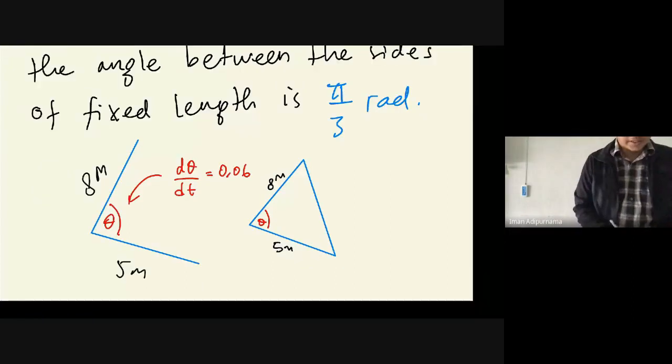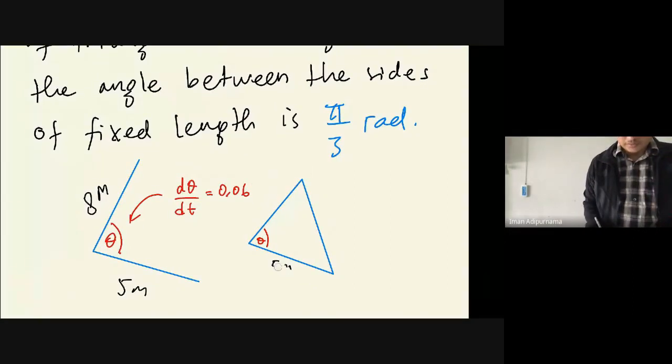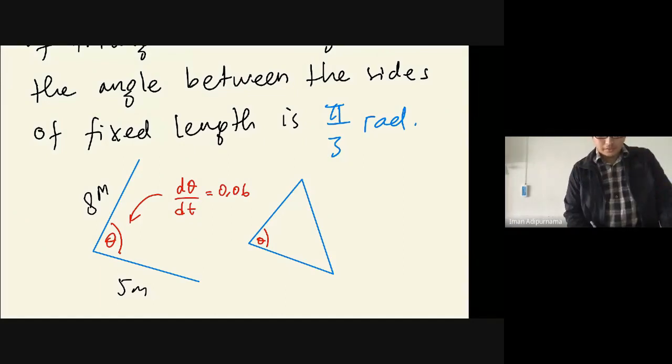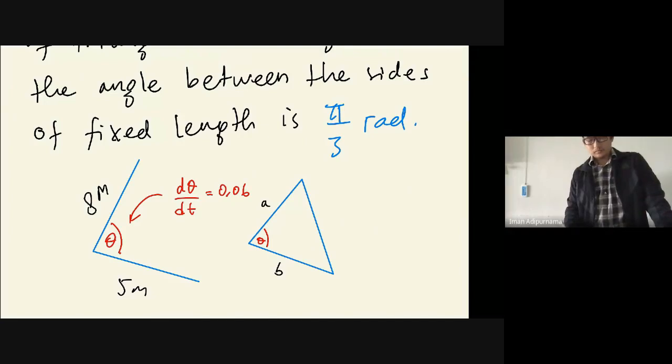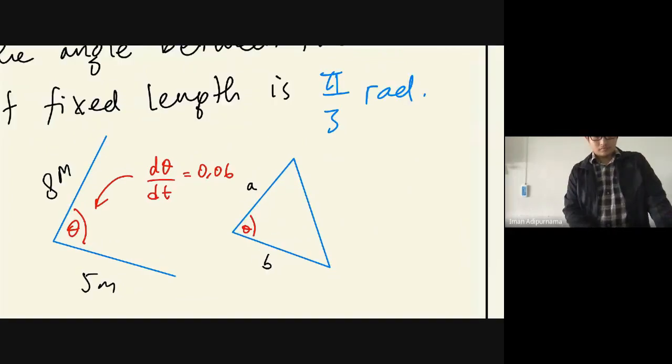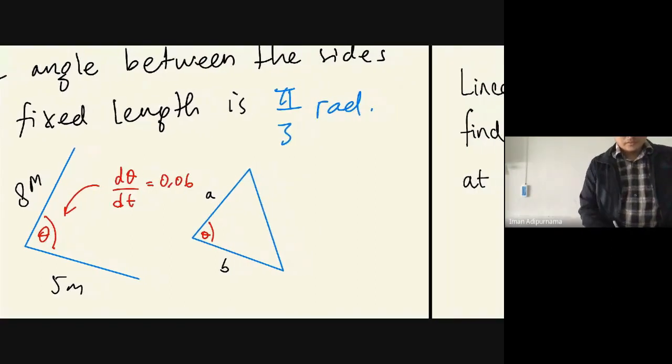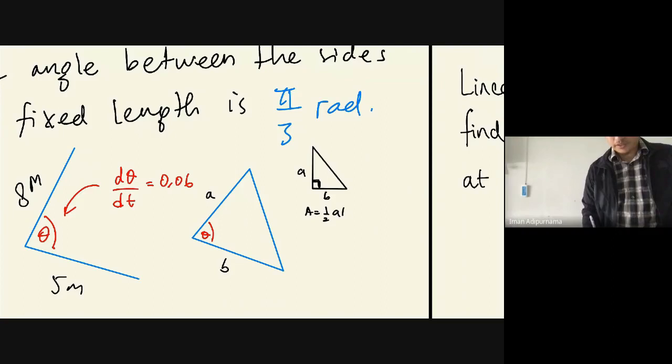Let me generate the general rule for a triangle. Let me write this as A, this as B. If it is a right triangle, 90-degree, the area should be half of AB, right?